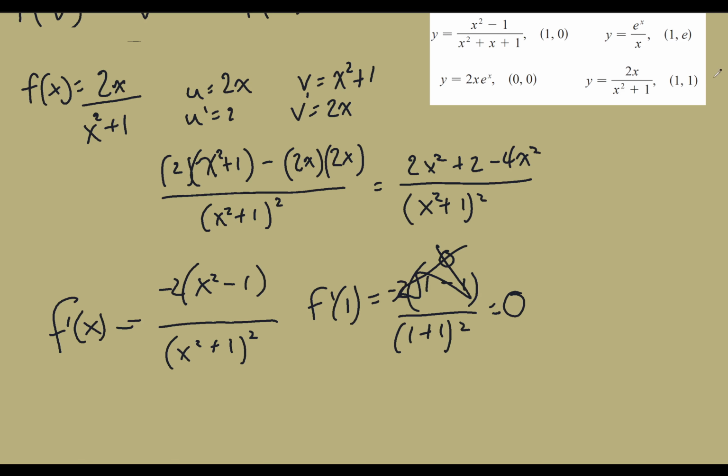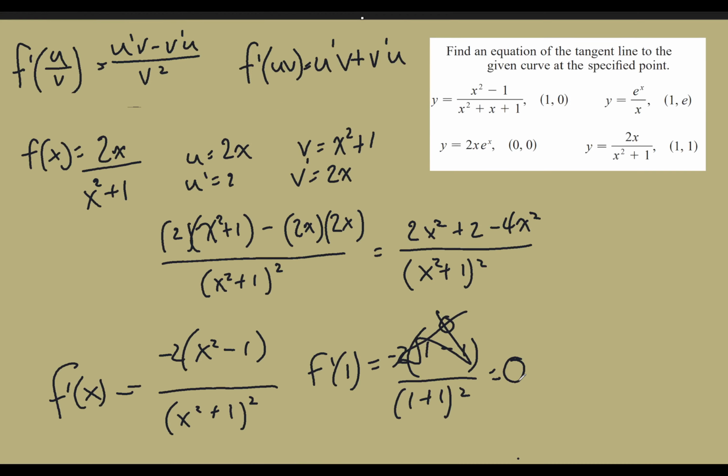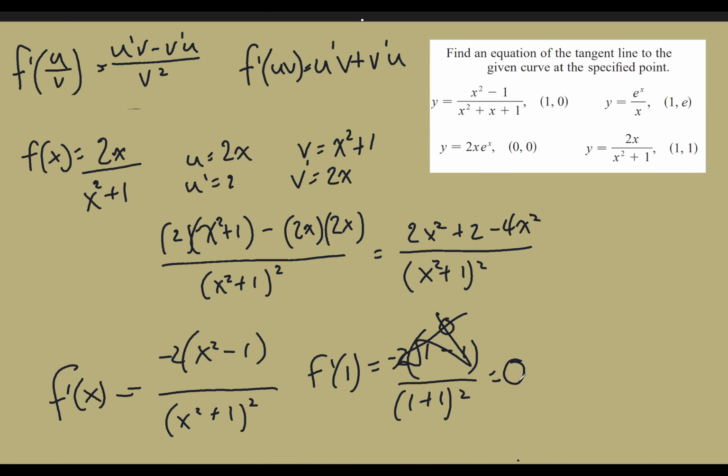So if I want to find the tangent line at the point 1, 1, it would be y equals 0x plus b, and we put in 1 and 1. So that means b equals 1. So your answer is y equals 1. Okay, that wasn't too hard.